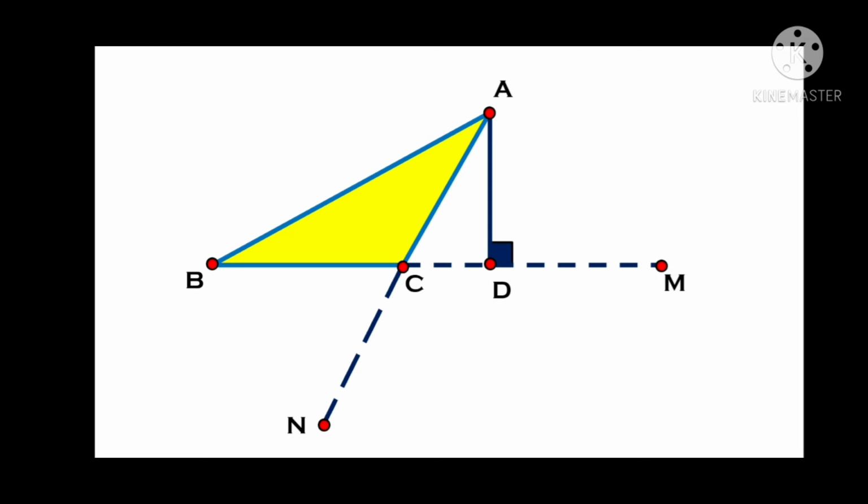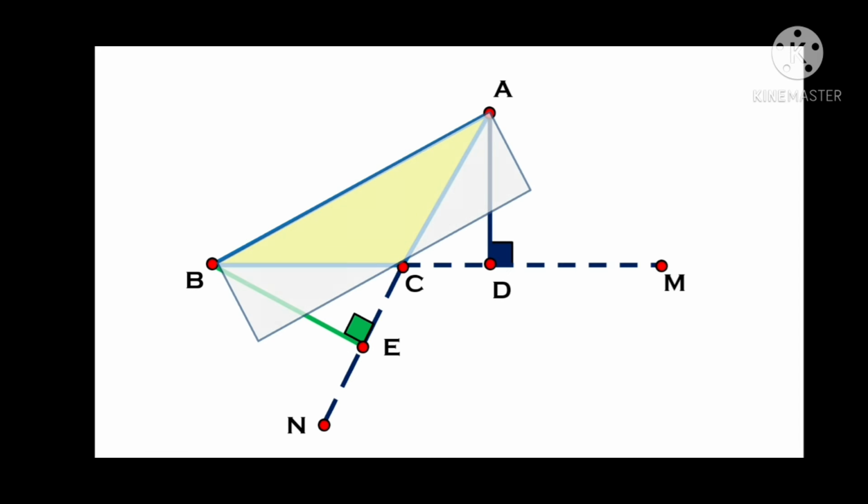So now we have to draw a perpendicular from B up to this extended side. So we will drop a perpendicular from B up to the extended side. You can see here, let it meet at point E. So BE is the perpendicular to the side AC, that is the extended AC. The third side is AB.